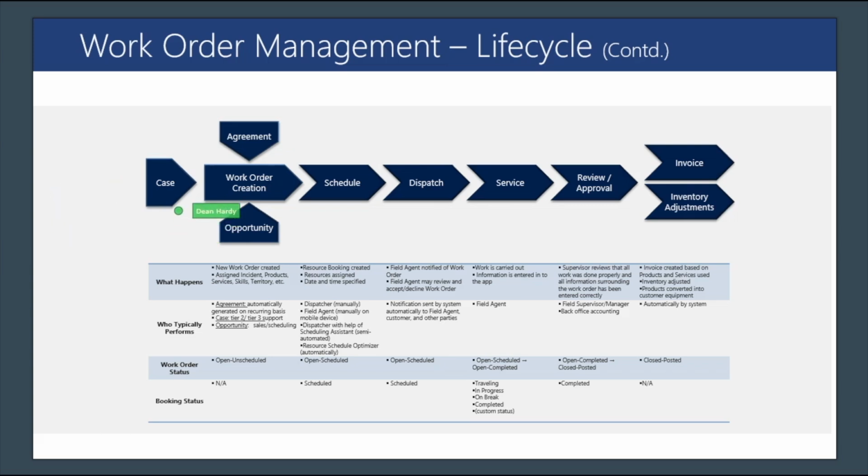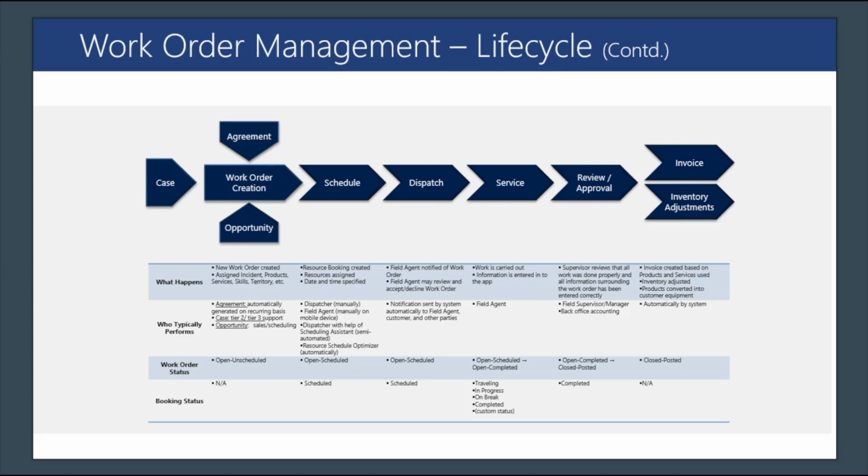You might convert a case into a work order. You might even convert an opportunity record into a work order, or you might just click on the new button on the list of work orders and manually create a new work order. But it helps to identify the work order generation and creation process as a first step.